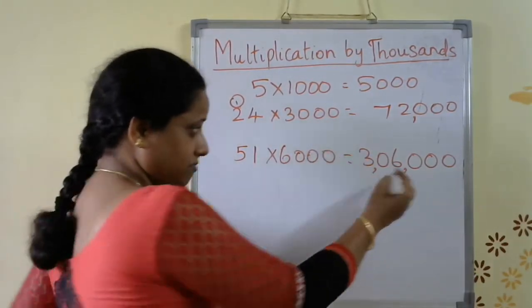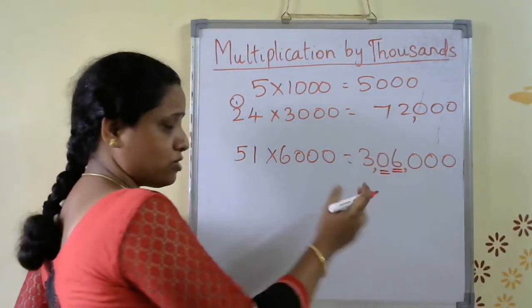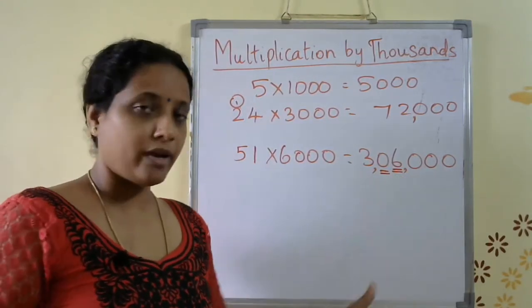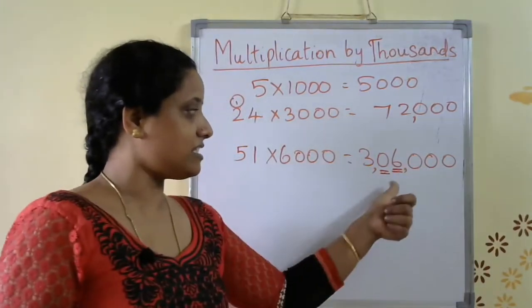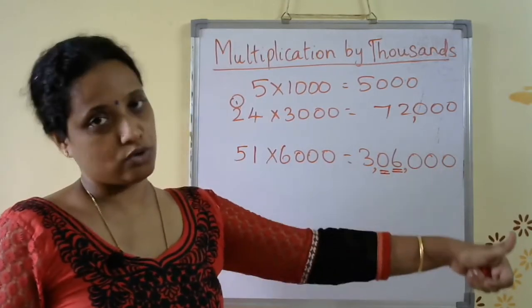Here the 6 is in the thousands place and 0 is in the 10,000s place. So in this way, whenever you get any number in the 10,000s place, it will be calculated as that many 10,000s.